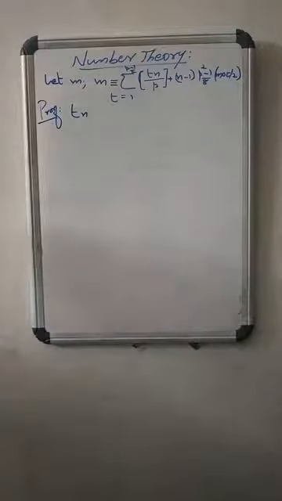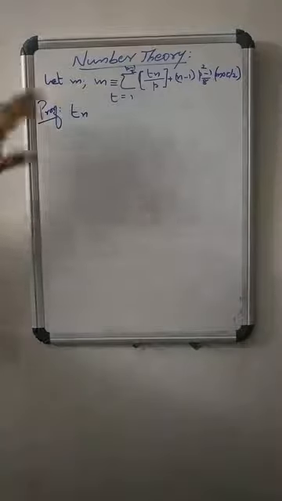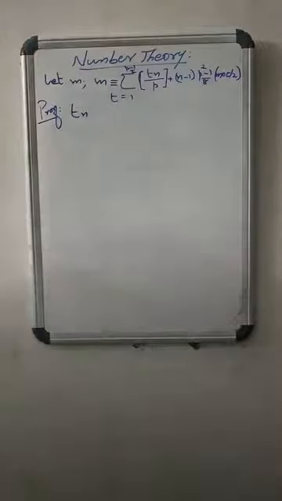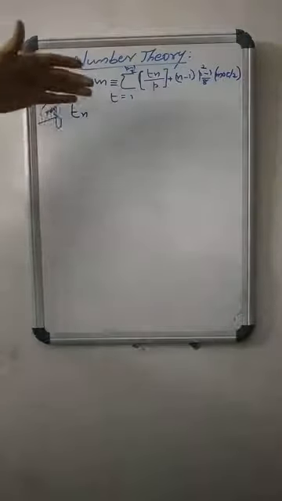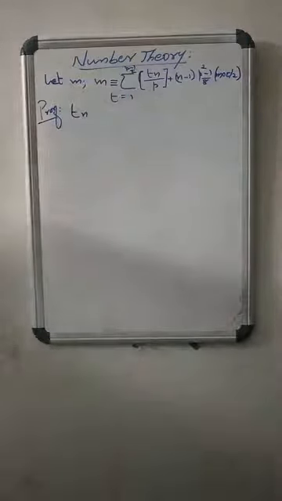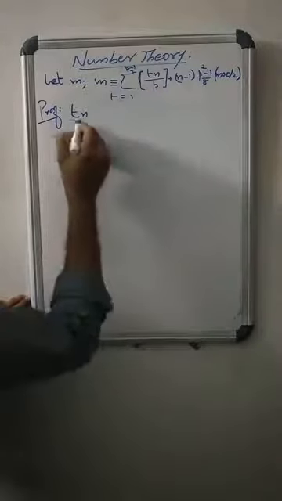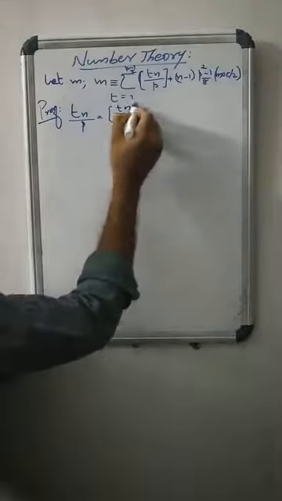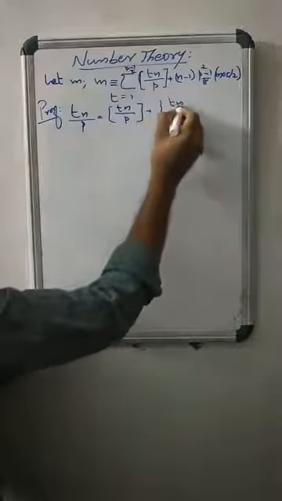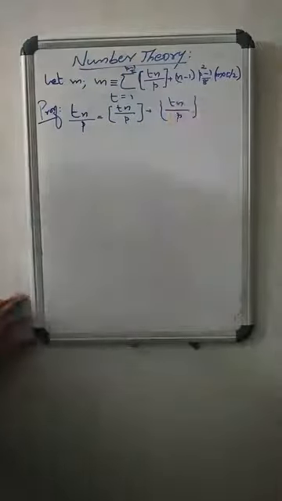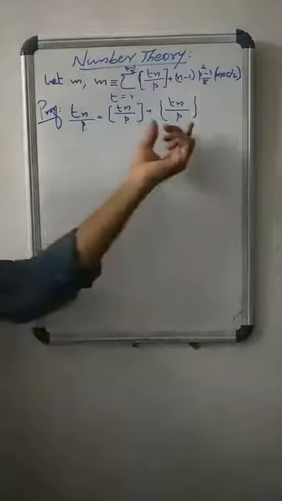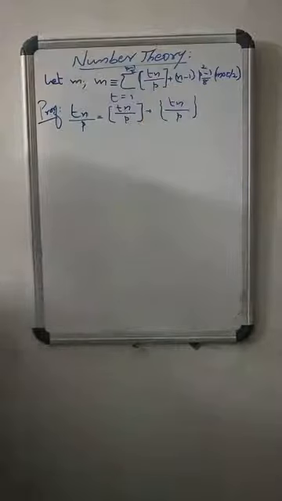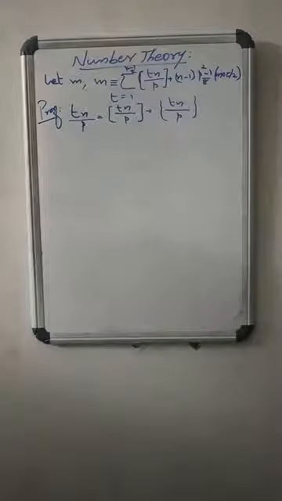We examine the size of the remainders. When tn is divided by p, we examine the size of the remainders. What is tn/p actually? We have tn/p is its integer part plus its fraction part, meaning 0 ≤ {tn/p} < 1.